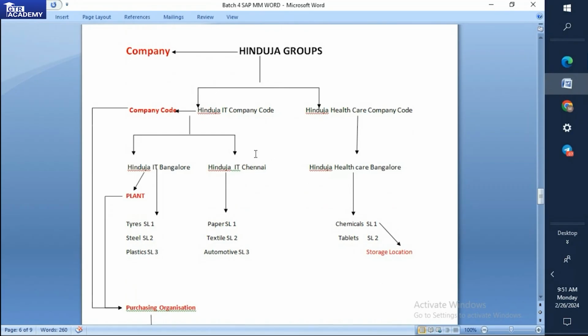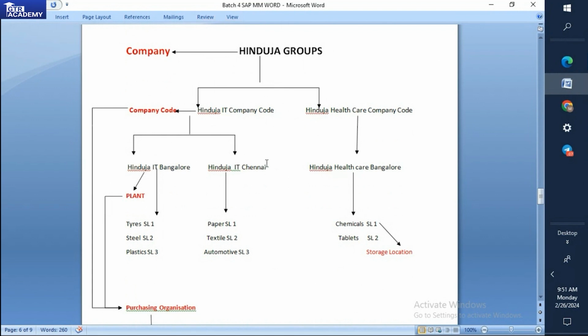They will segregate. For example, in the Hinduja IT company code, I have mentioned two different plants: one in Bangalore and another in Chennai. Whatever goods are required for the entire organization, they produce in Bangalore and in Chennai.